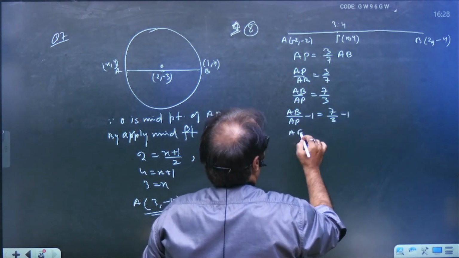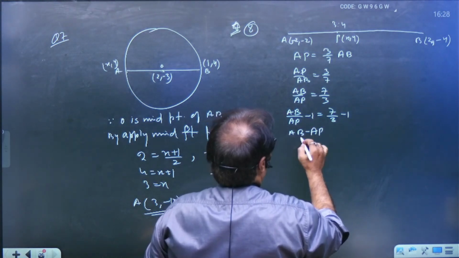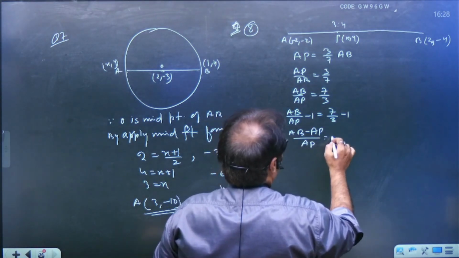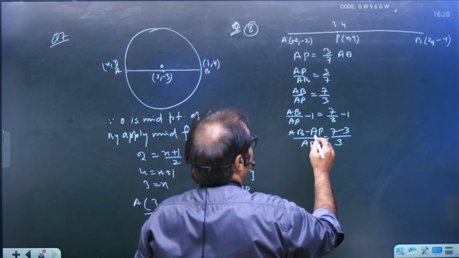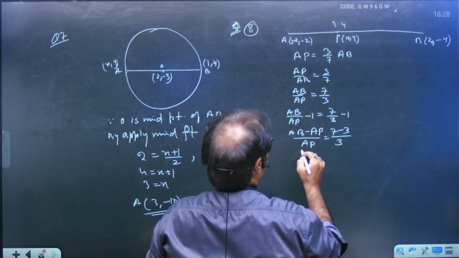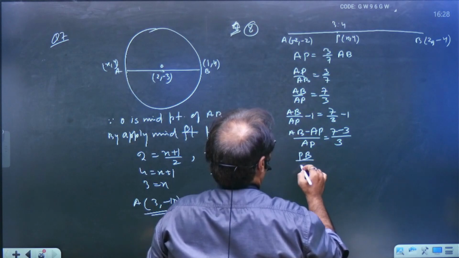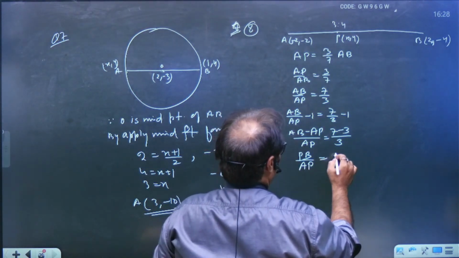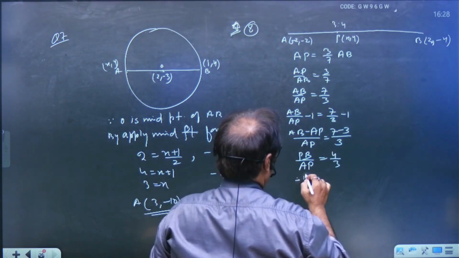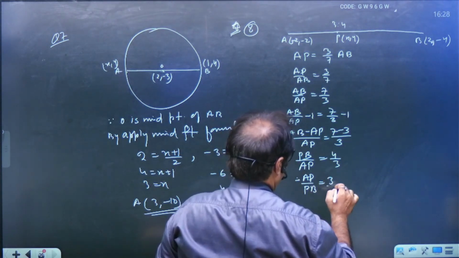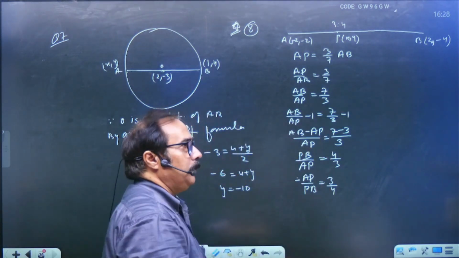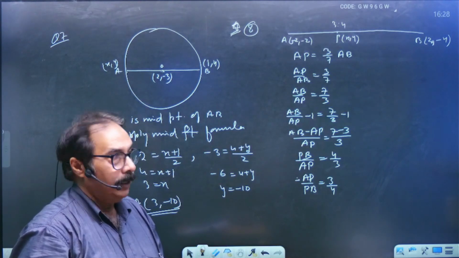So (AB minus AP) upon AP is equal to (7 minus 3) by 3, with 3 as the LCM. AB minus AP is PB, so PB upon AP is 4 by 3. Therefore AP upon PB is equal to 3 by 4. So 3 is to 4, we have already calculated.